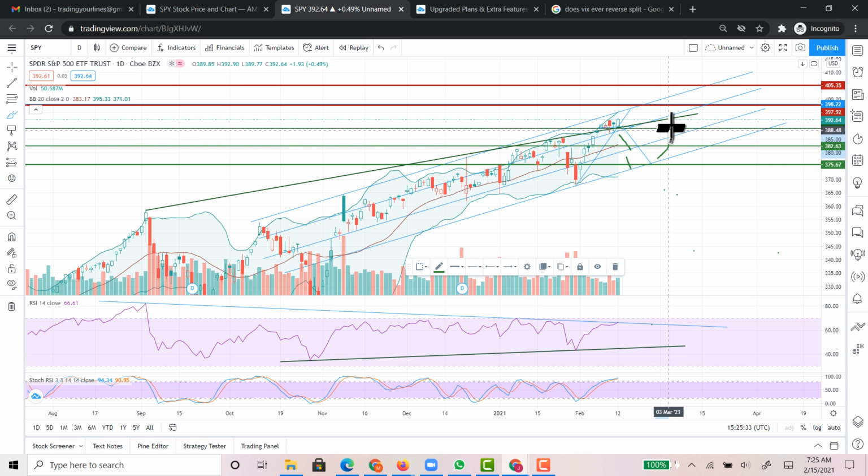Can it continue in the channel? Looks like it, but at the same time, what we see, the RSI is diverging. So if you see, take this top and this top, price has gone up, but RSI is diverging from this point, every time we are touching. Do we expect a pullback? Yes. But the market has its own mind, it can continue grinding higher.